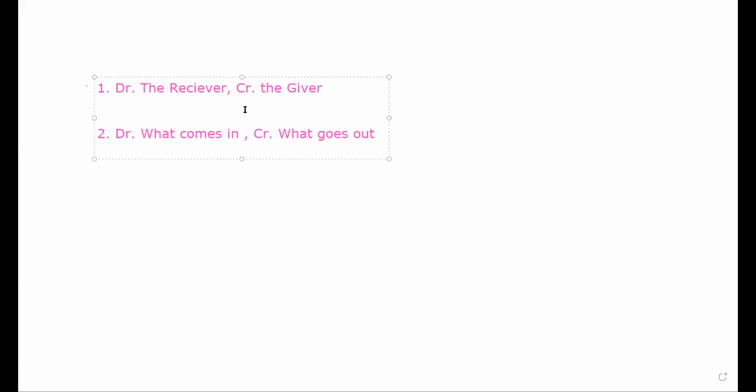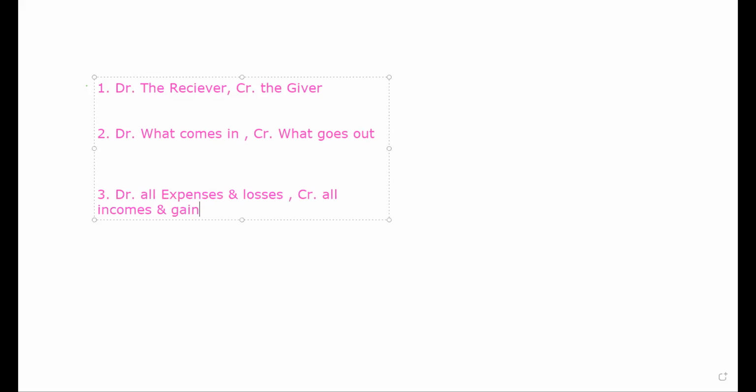The third rule we have done yesterday, it is debit all expenses and losses, credit all incomes and gains.